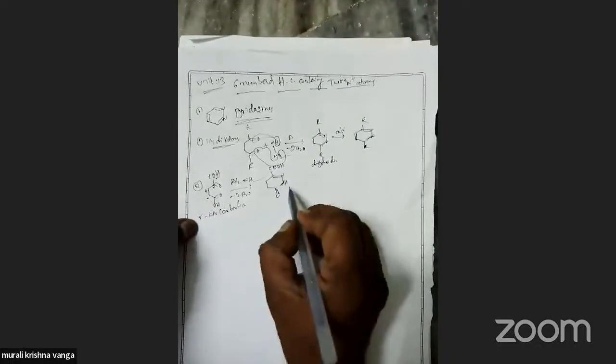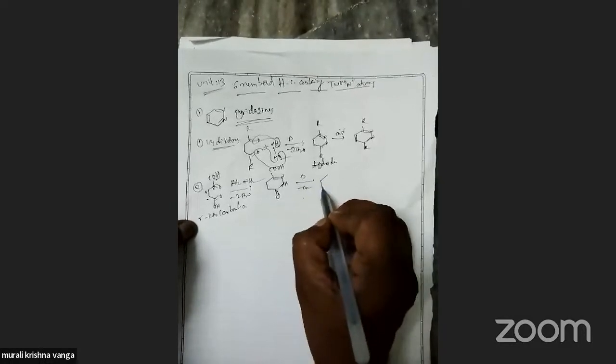This is gamma keto carboxylic acid, a carboxylic acid. Upon heating, it undergoes decarboxylation.